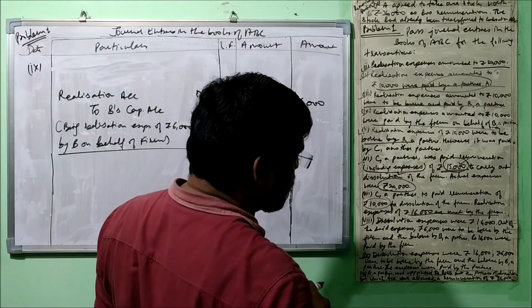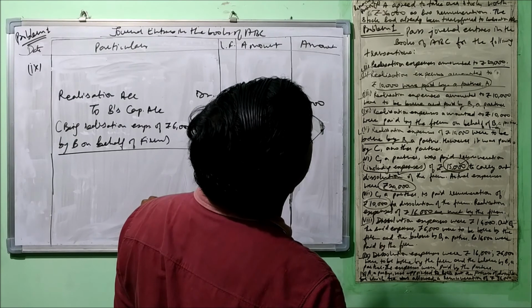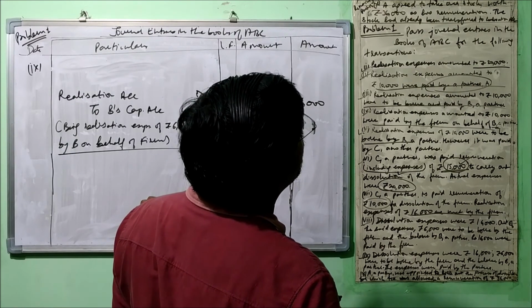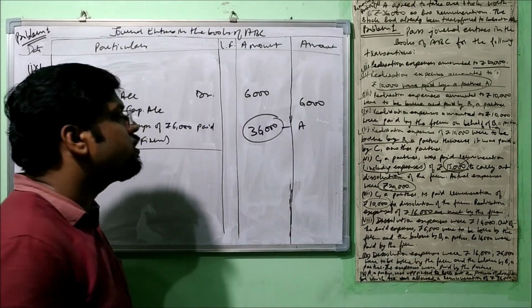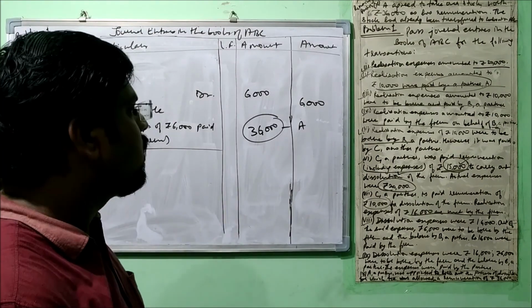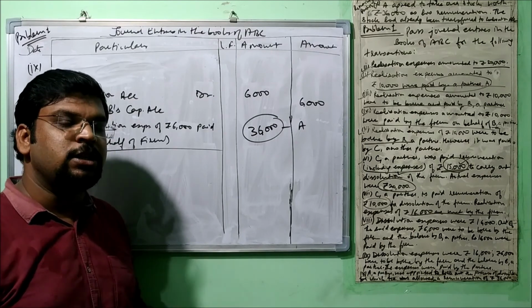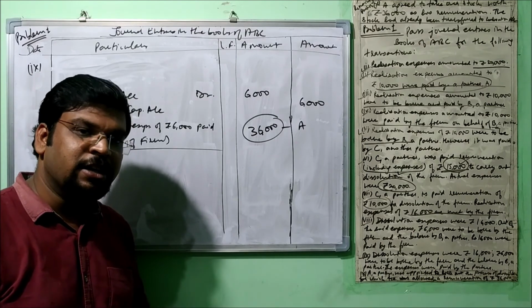Now, A agreed to take over the stock worth rupees 36,000 as his remuneration. The stock had already been transferred to realization account. So instead of making this payment in cash, the firm kept the proposal in front of A that you take the stock as your remuneration of the same amount, and A agreed to that.